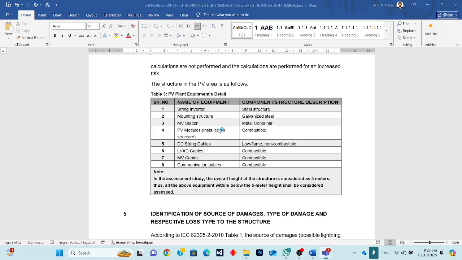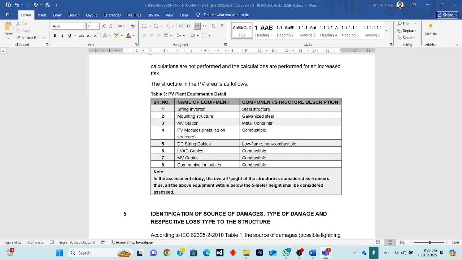Because if we consider the lowest height, we can see that the string inverter or LVAC cables are on the ground level, and we have considered that height. But from the above height, all the cables and other equipment are not safe.